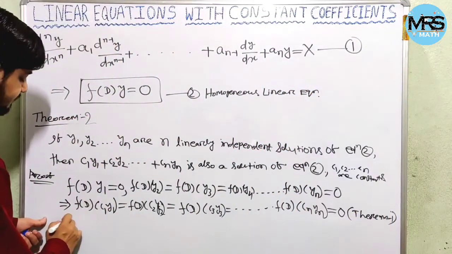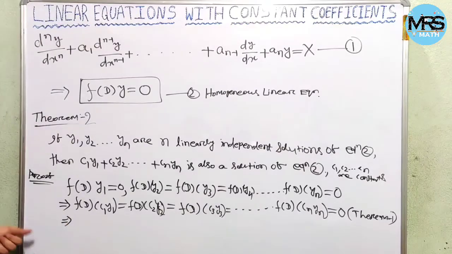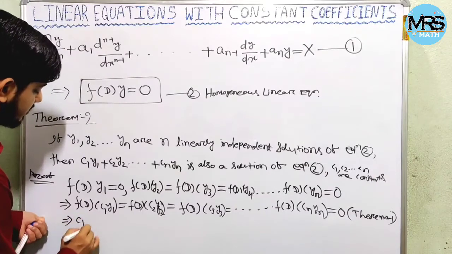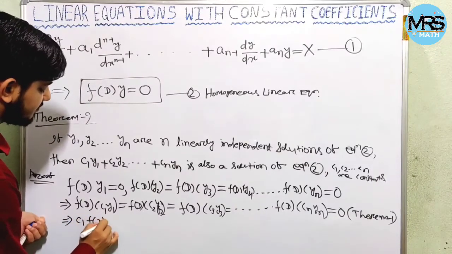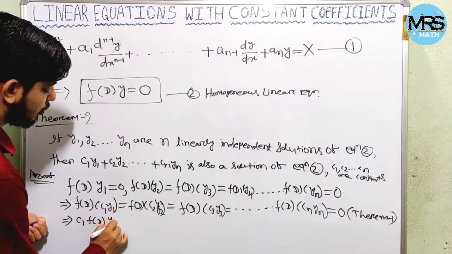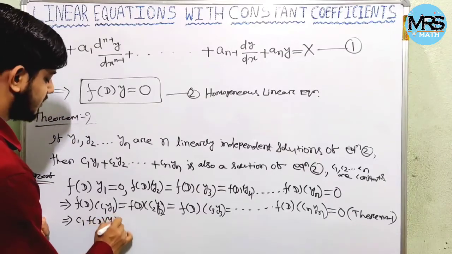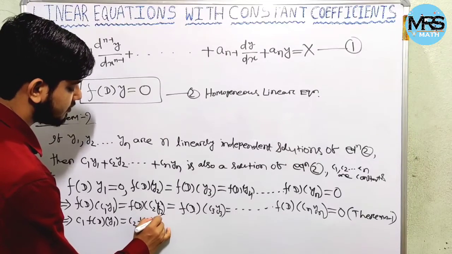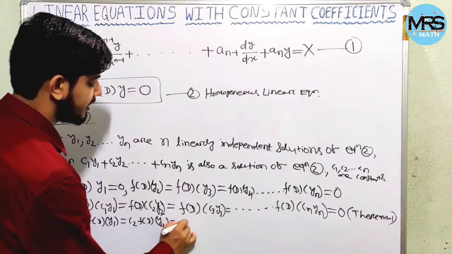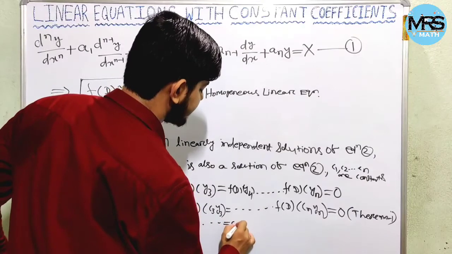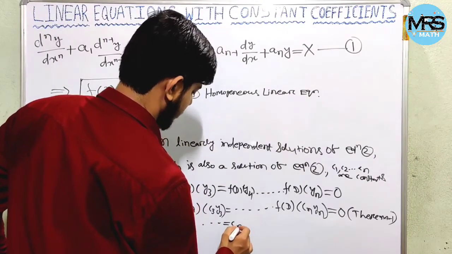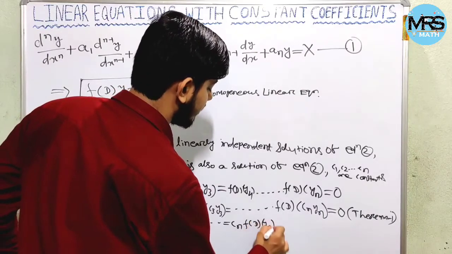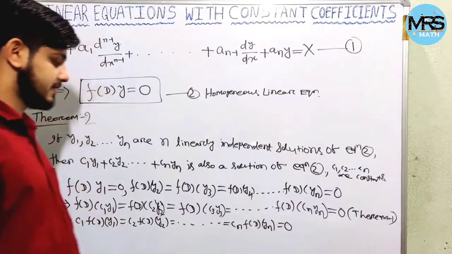Now from here we can write c1 f d of y1 equal to c2 f d of y2 equal to cn f d of yn equal to 0.